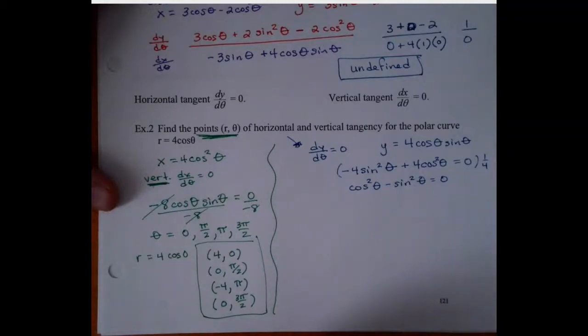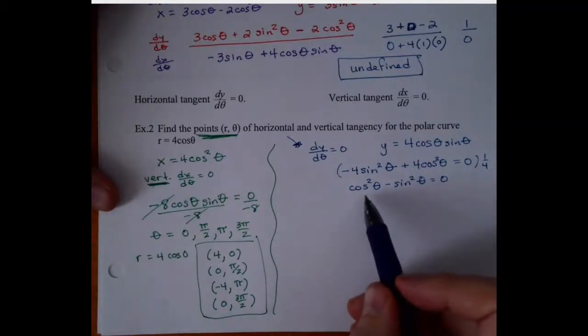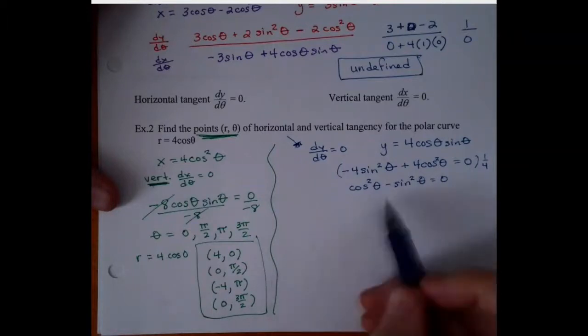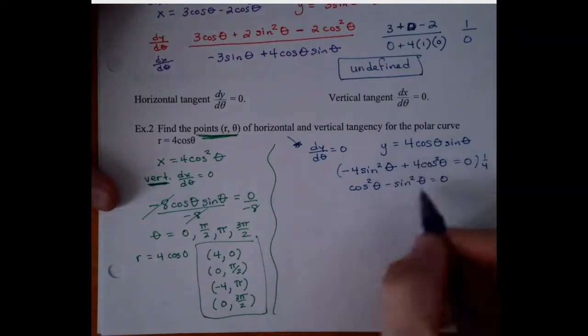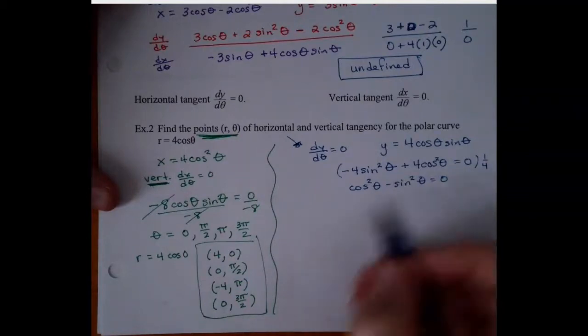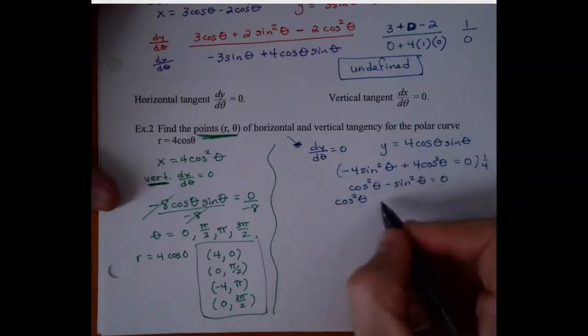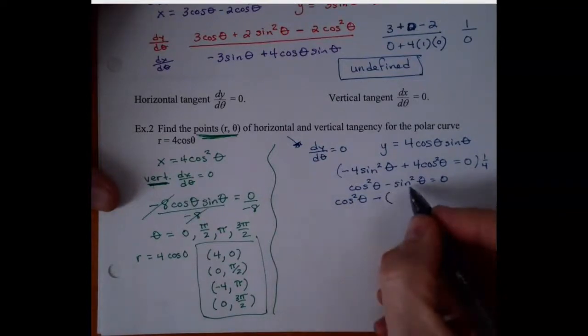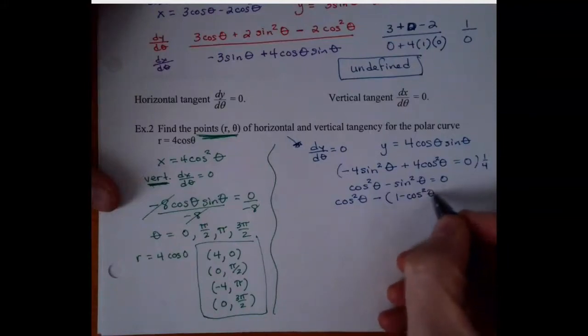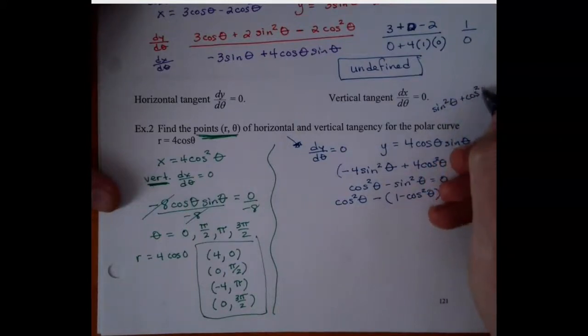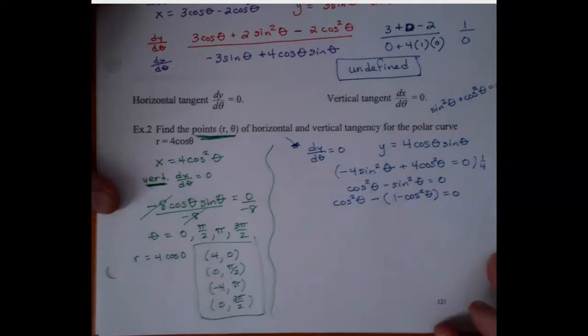Now, if you recall, one of the tips for solving trigonometric equations is to get it to a product, or to get it all to the same kind of trig function. So I'm going to switch sine squared to 1 minus cosine squared, with the Pythagorean identity, sine squared plus cosine squared equals 1.